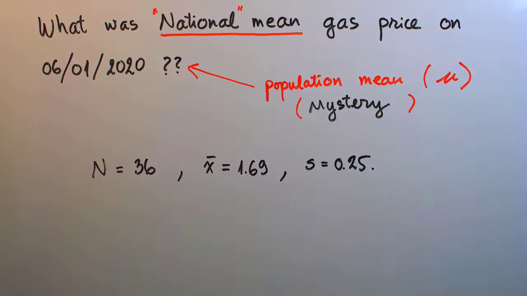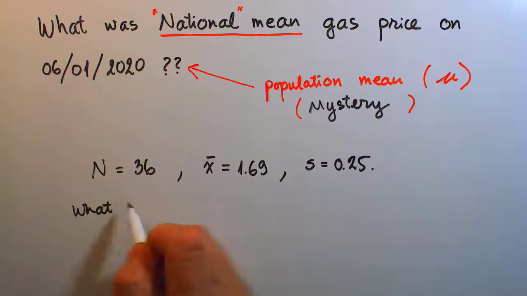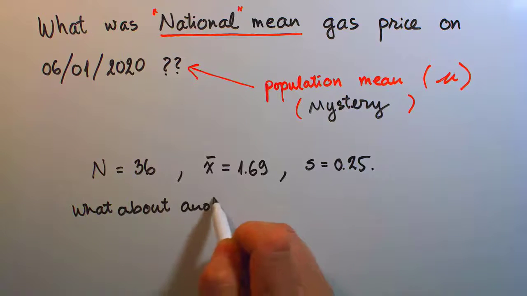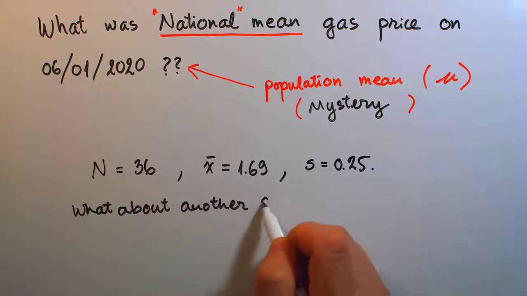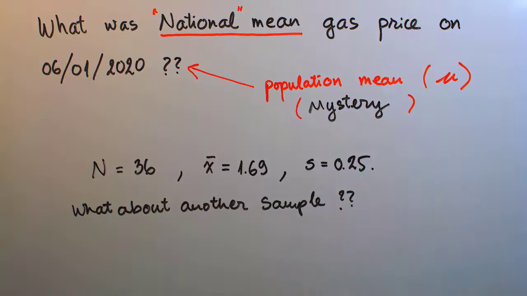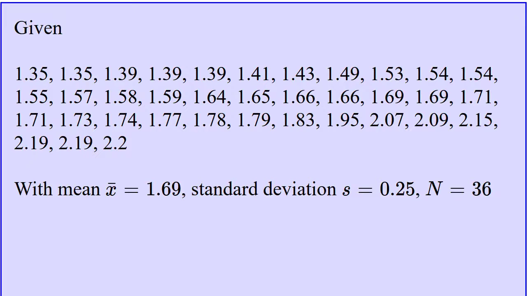36 prices again. So I'm talking about, what about another sample? Is it possible to find another sample? Oh yes. Let's all now look at my computer screen here. Let me show how I can use computer software to quickly search for a different sample of prices.